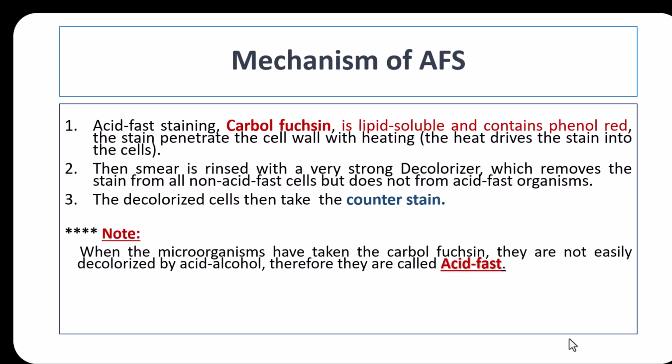After washing the smear with a strong acid alcohol decolorizer, this decolorizer removes the red stain from all non-acid-fast cells, while the acid-fast cells keep the red stain because the waxy cell wall does not allow it to wash out. And finally, the cells that lost the red stain take up the counterstain, which is blue. Therefore, we can visualize the difference between the microorganisms clearly under the microscope.